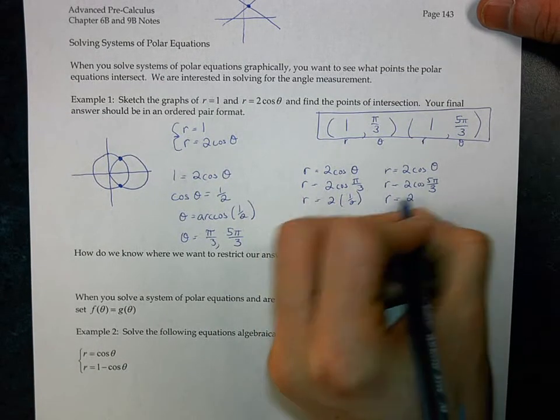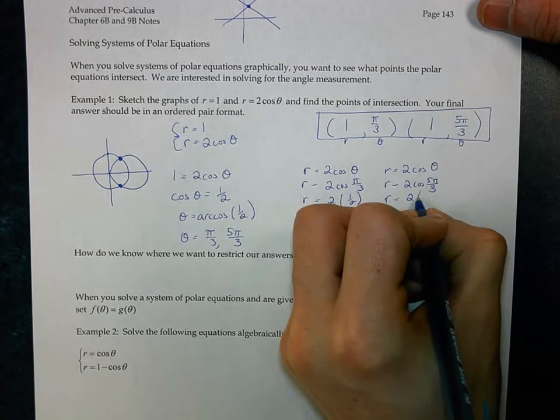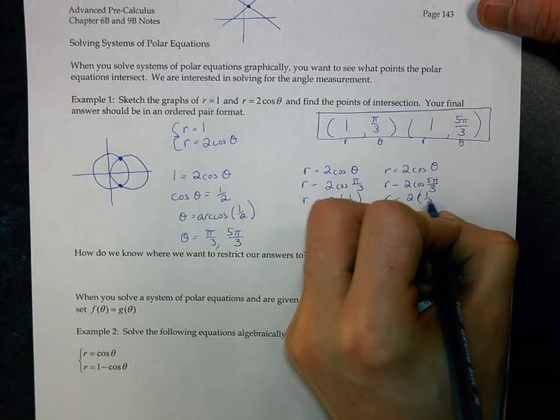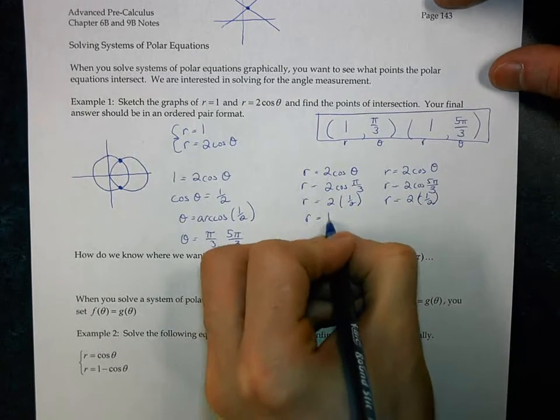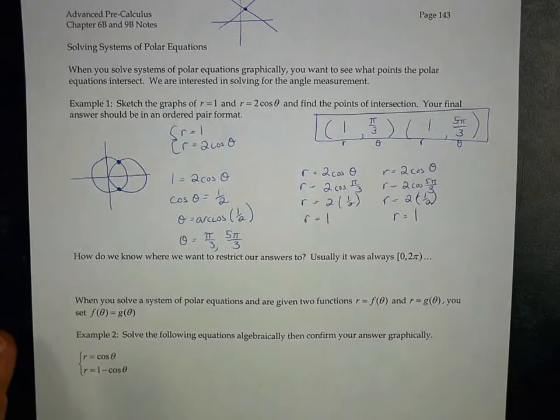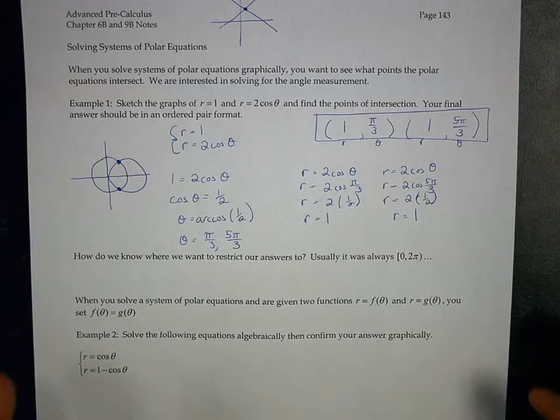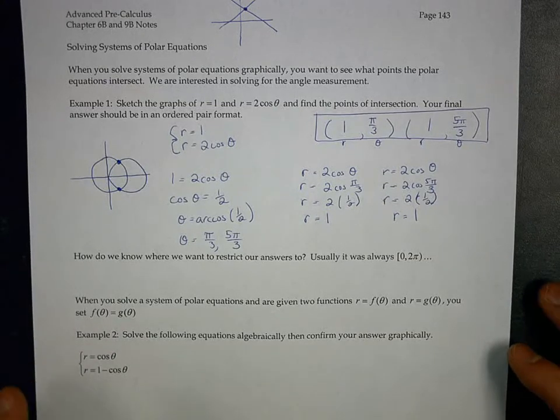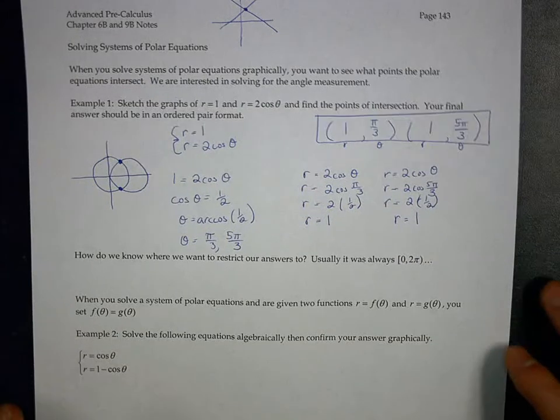The cosine of 5 pi over 3 is 1/2. So when I simplify it down, I get r is equal to 1. Same thought process you used before: take the answer you get, plug it back into your original equation, and then you can get your ordered pairs.